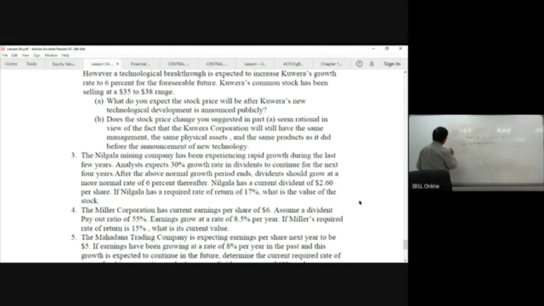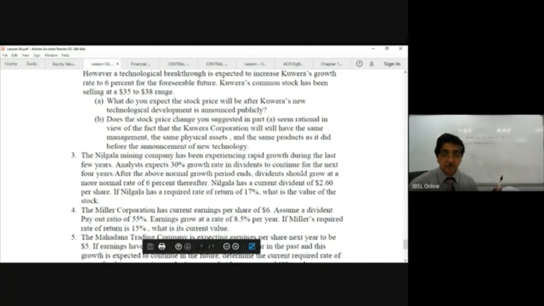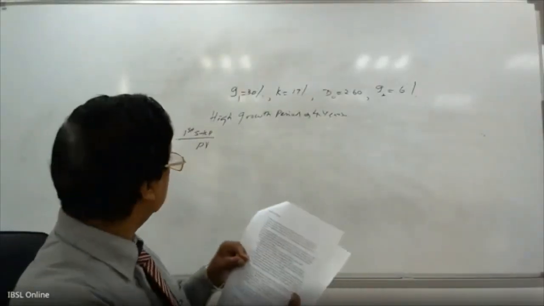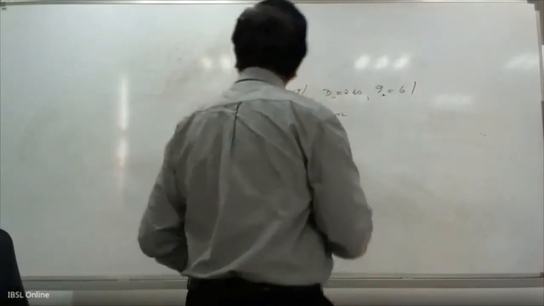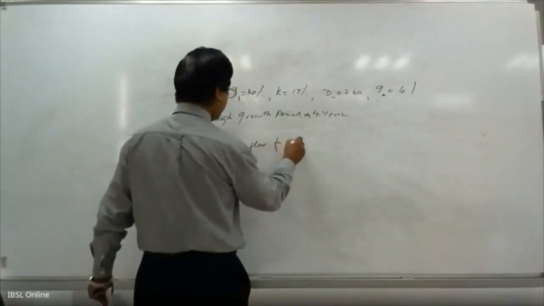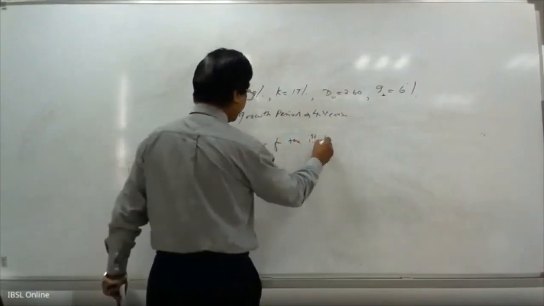Now, the first step is the present value of cash flows for the first 4 years.